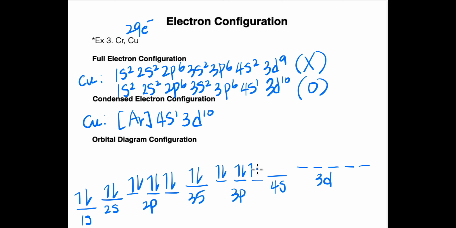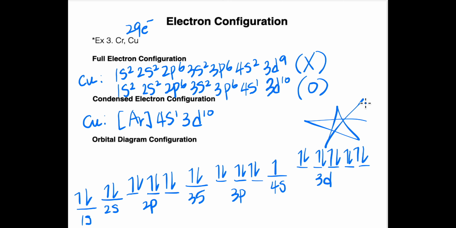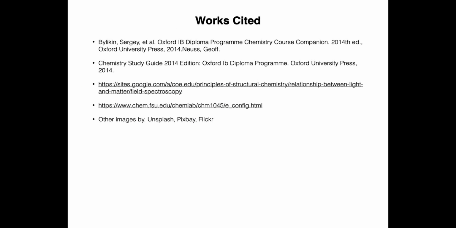However, instead of filling up the 4s sublevel with 2 electrons and the 3d sublevel with 9 electrons, we're going to fill in the 4s sublevel with 1 electron and the 3d sublevel with 10 electrons. That's it for topic 2. I'll see you in the next topic.